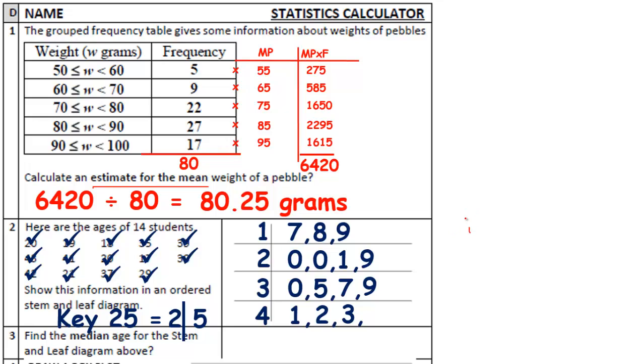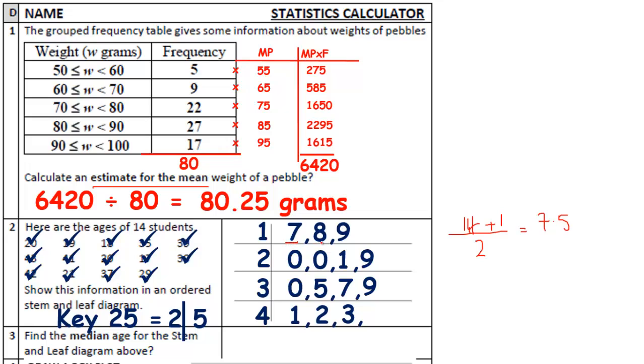Just as we did before, take the number of values and add 1. If it was 15, I would do 15 add 1. But in this case, there are 14 values. 14 add 1 divided by 2. 14 and 1 is 15, divided by 2 is 7.5. So I need to work out what's between the 7th and 8th value.